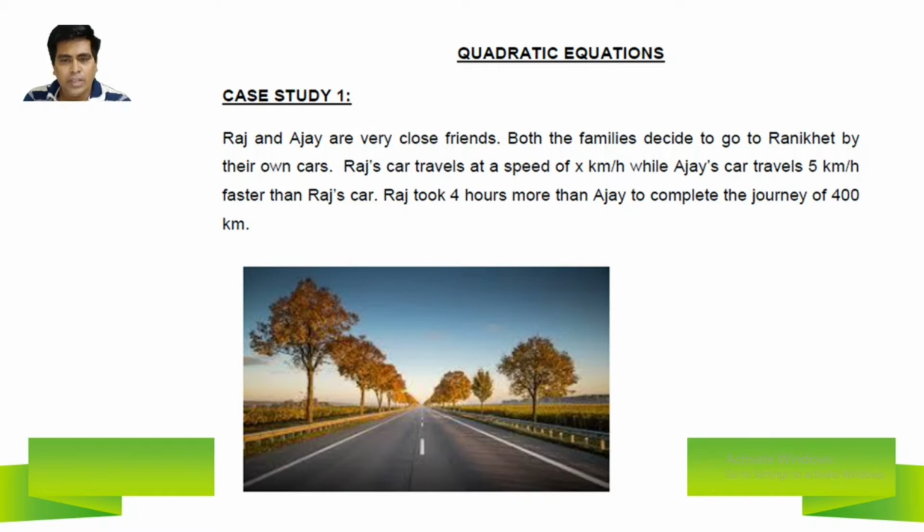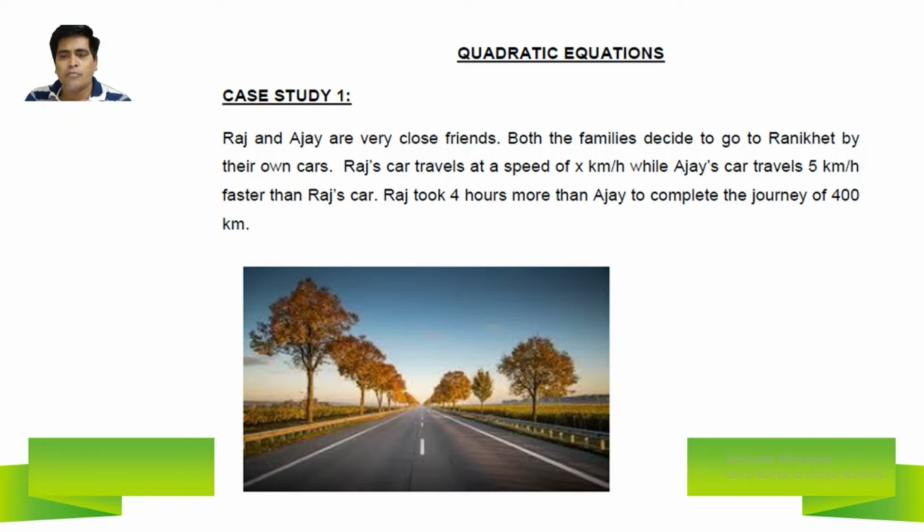Raj and Ajay are very close friends. Both the families decided to go to Ranikhet by their own cars. Raj's car travels at the speed of x kilometers per hour, while Ajay's car travels 5 kilometers faster than Raj's car.